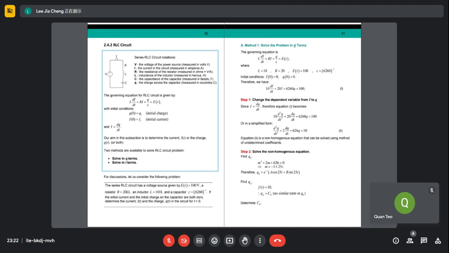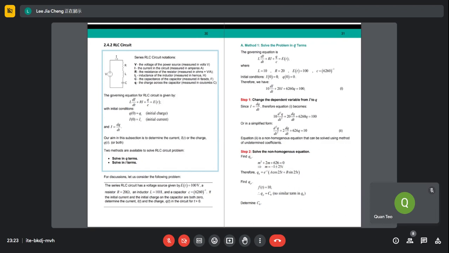When we divide both sides by 10, we get a simpler form: the second derivative of q with respect to t plus 2 dq over dt plus 626 q equals 10. Since equation 2 is a non-homogeneous equation, we can use the method of undetermined coefficients, which will be explained in step 2.